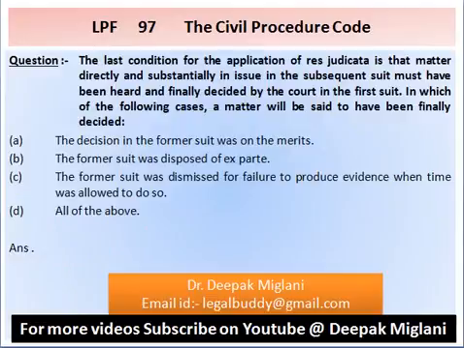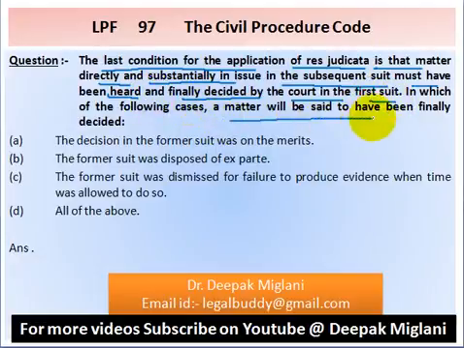Question number 97. The last condition for the application of res judicata is that the matter directly and substantially in issue in the subsequent suit must have been heard and finally decided by the court in the first suit. In which of the following cases will a matter be said to have been finally decided?